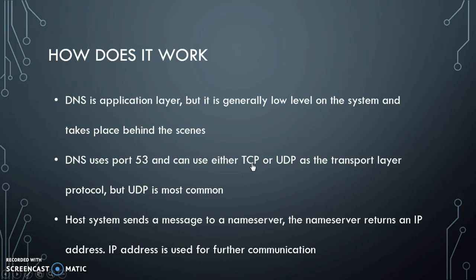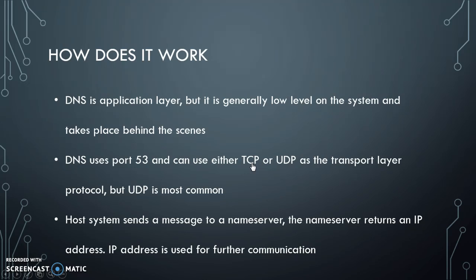So what happens is the host system creates a DNS message. It then wraps that DNS message up and sends it on to the name server, utilizing all the lower layers just like any other kind of communication. So it sends out a TCP segment or a UDP segment, and it sends that using an IP address.